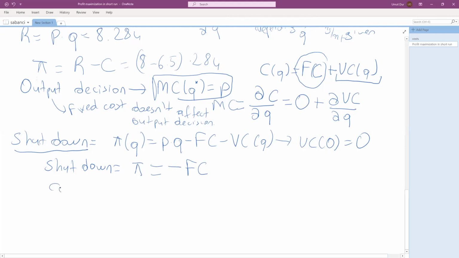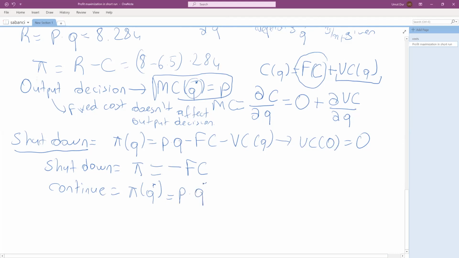If I continue, then what I have is basically, so I calculate my optimum quantity here. Let's say that my optimum quantity is Q star. Then I am evaluating my profit at Q star.